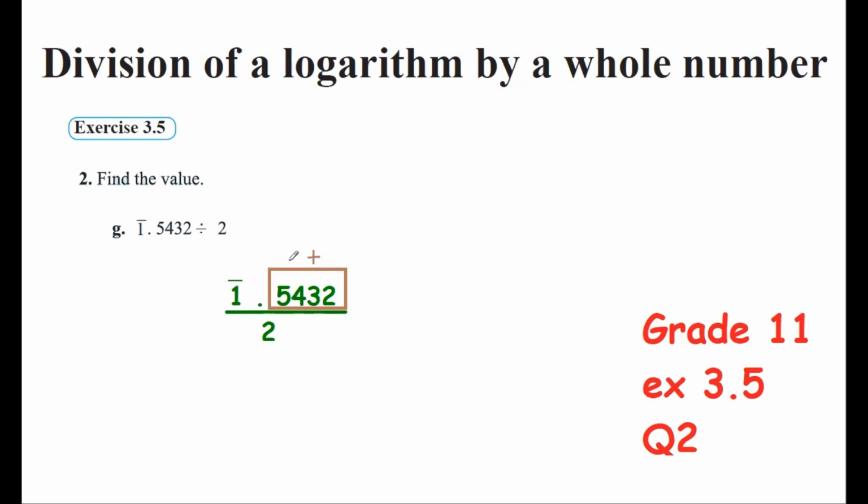Right? So here, since this is not a multiple of 2, we need to make it a multiple of 2. To make bar 1 a multiple of 2, you need to give a 1 for this side.